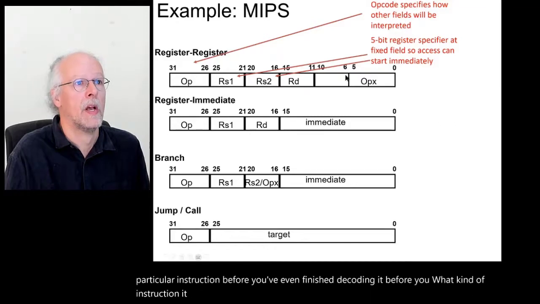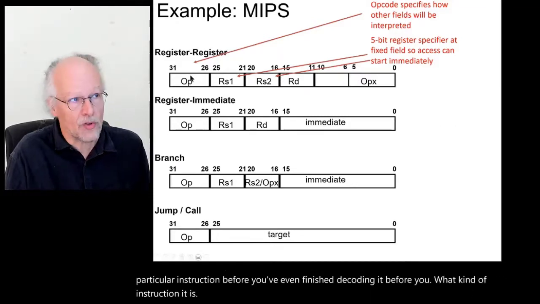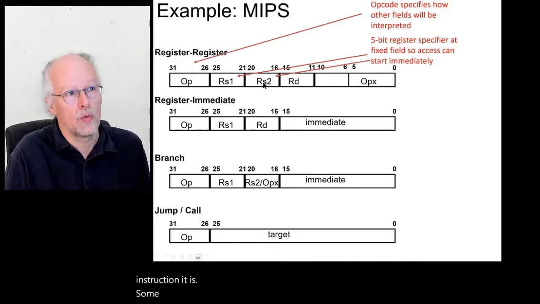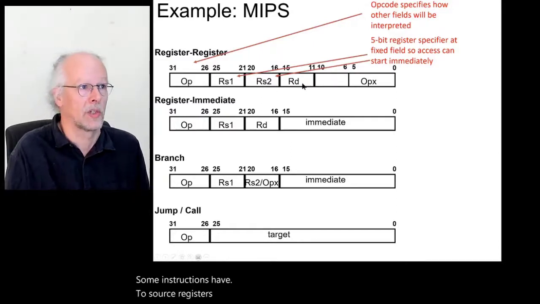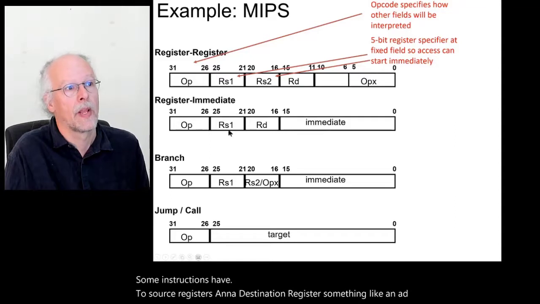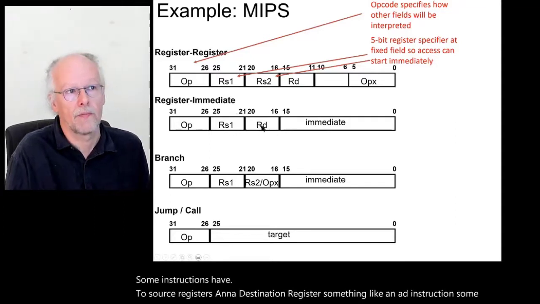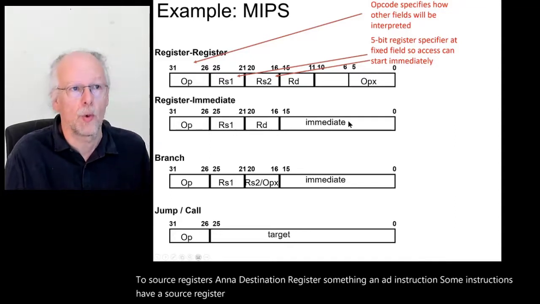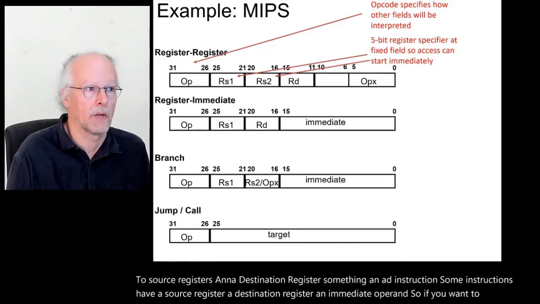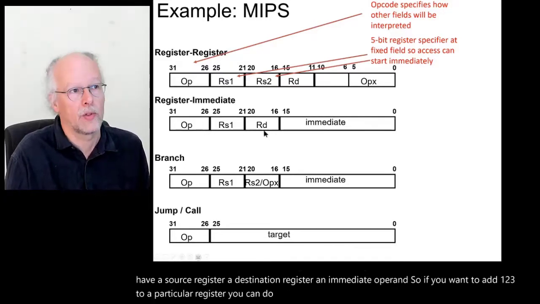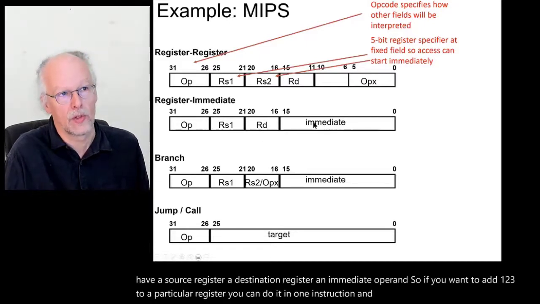Some instructions have two source registers and a destination register, something like an add instruction. Some instructions have a source register, a destination register, and an immediate operand. So if you want to add 123 to a particular register, you can do it in one instruction, and you specify the constant that you're adding here.